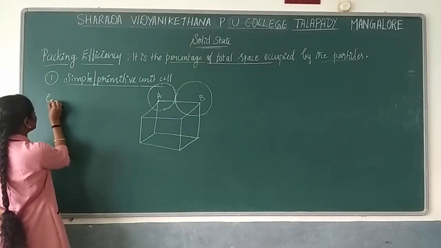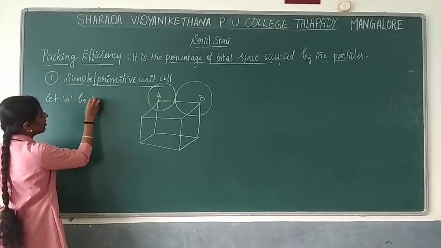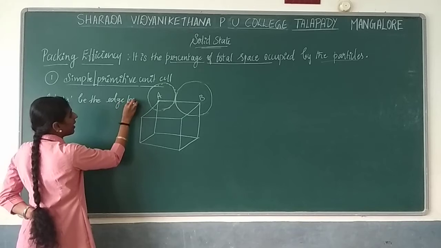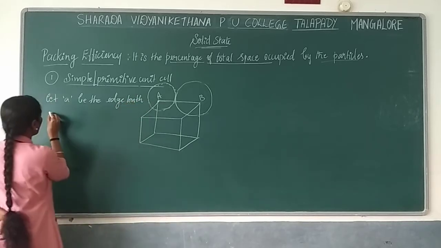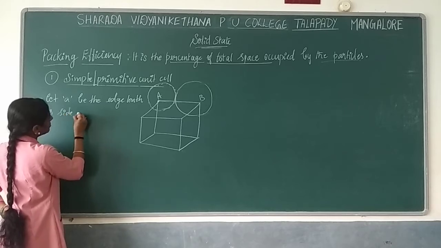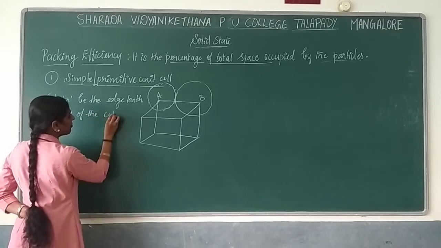Now here we'll just derive the concept. First, let A be the edge length or side of the cube.